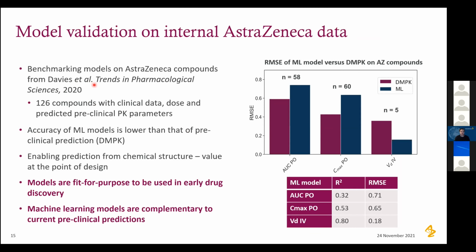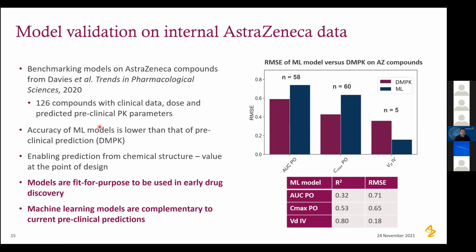And in this paper, they published 126 compounds with clinical readouts, dose, and also their predicted PK parameters prior to clinic. So this was a very good opportunity for us to benchmark our models, like an additional test to the holdout test set, to see how we actually do on AstraZeneca chemistry.